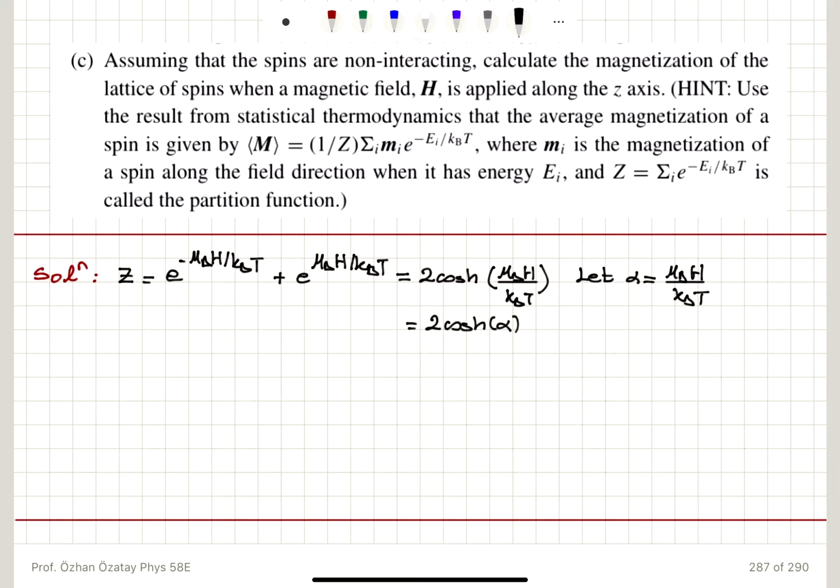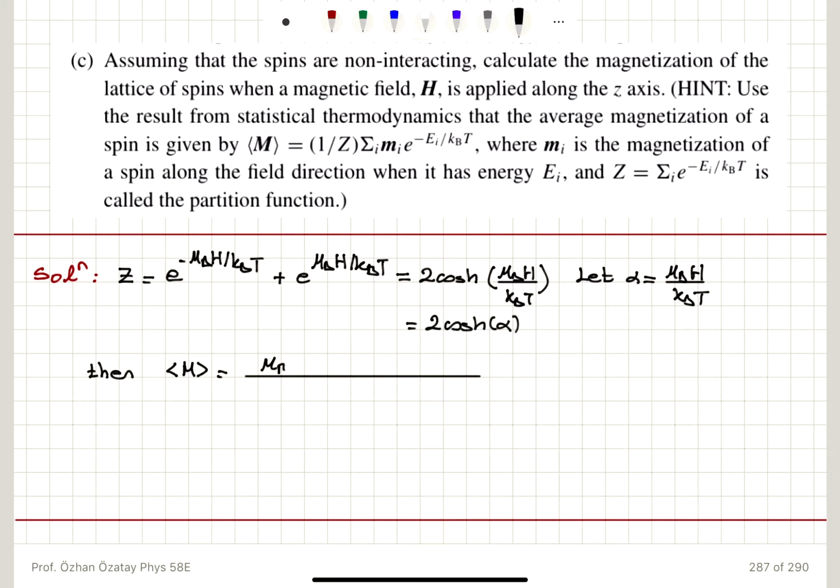Then we can find the average magnetization for each spin by considering 1 over the partition function, sum over i of m_i e to the minus E_i over kT. Let's say that our magnetic moment is μ_B along the z-axis.